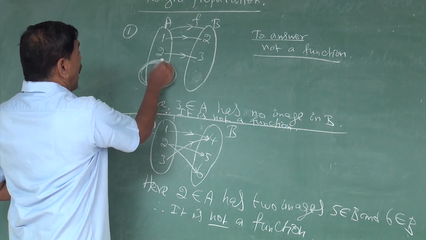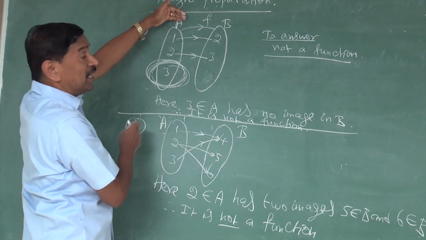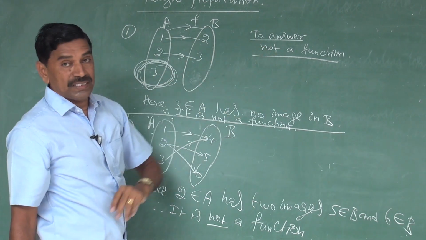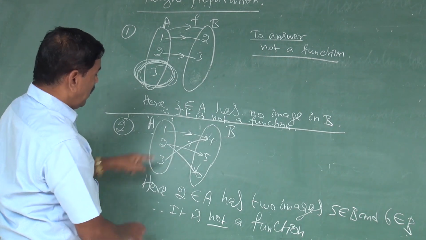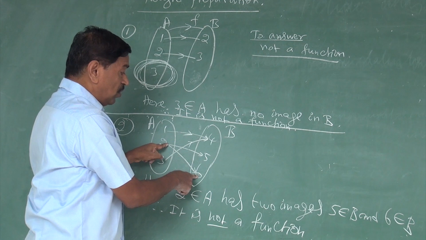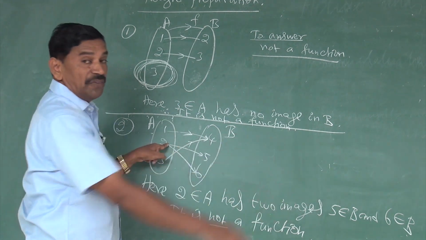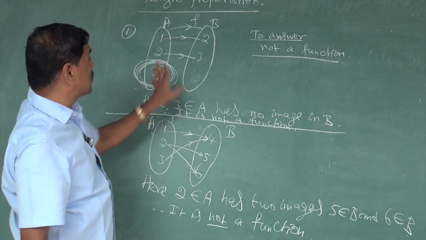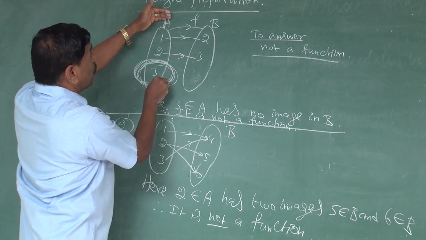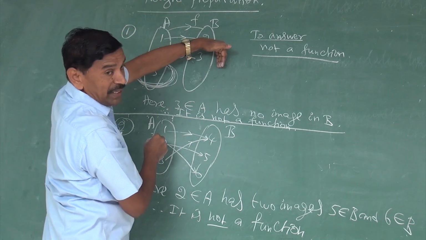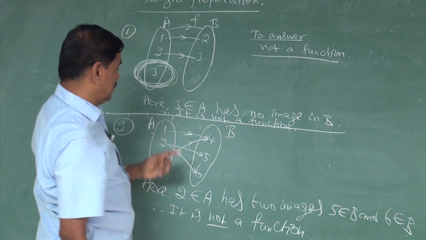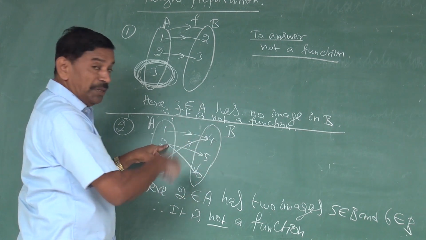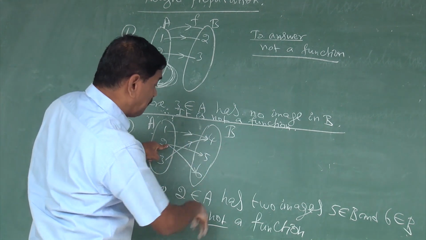First one is at least one element in the domain has no image in the codomain. Therefore, f is not a function. Second, one element has 2 or more images, then f is not a function.